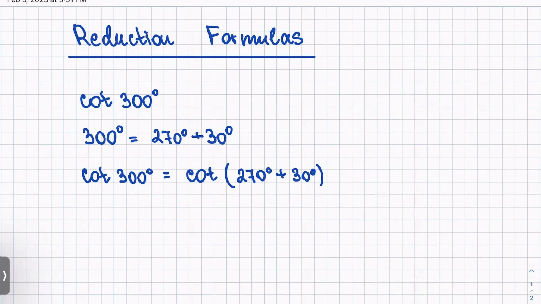We just split 300 degrees into 270 degrees plus 30 degrees, but we didn't get the precise value, or the value of the cotangent of some angle that we know. So using reduction formulas, we will see how to proceed further with the expression cotangent of 270 degrees plus 30 degrees.